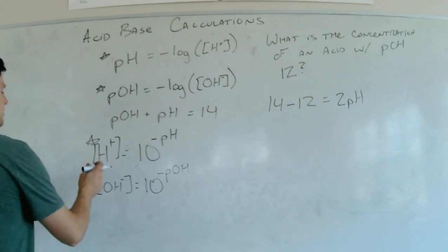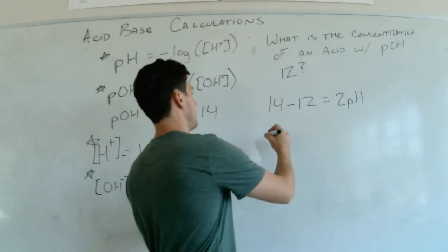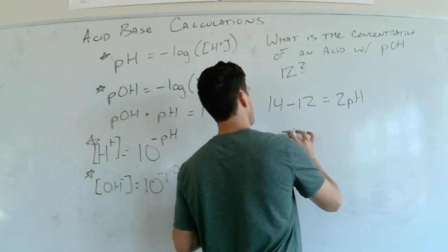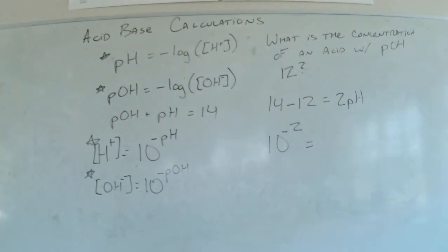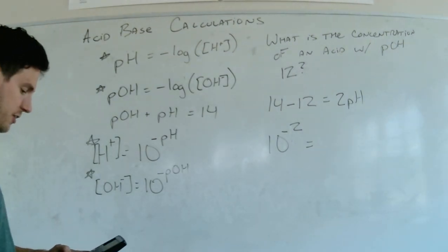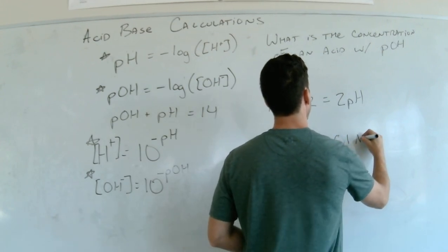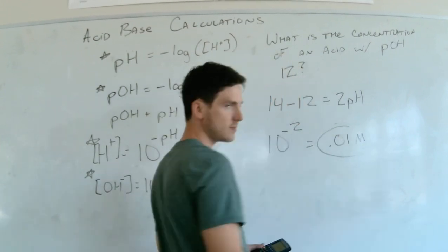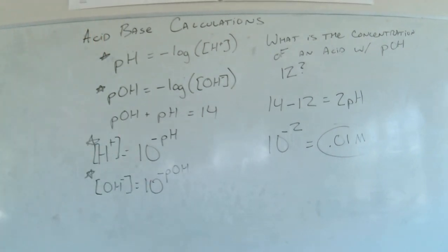Now remember, I want concentration of the acid, so now all I got to do is take 10 to the negative pH, which is 2. And now I get a concentration, I don't even know why I'm putting this in my calculator, of 0.01 molarity. Okay? It's as simple as that.